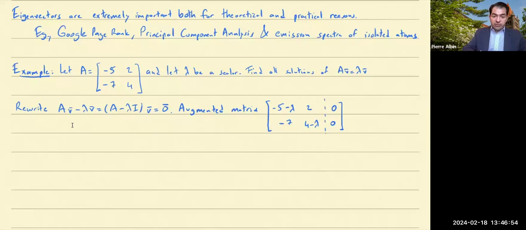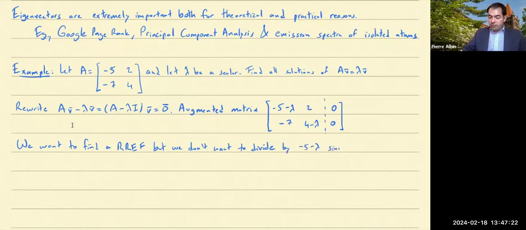Okay, so to solve this system, we want to find a reduced row echelon form, but we don't want to divide by -5 minus lambda if we can help it, since it might be 0.